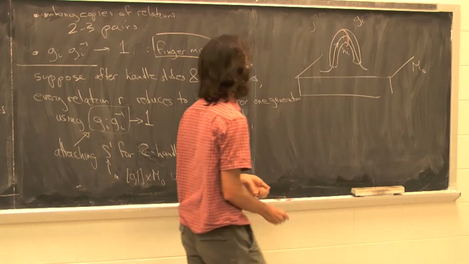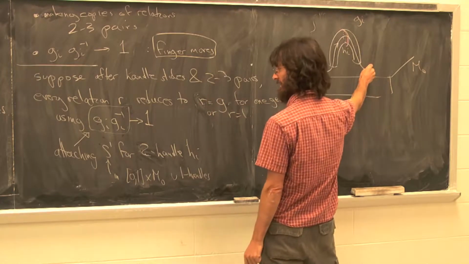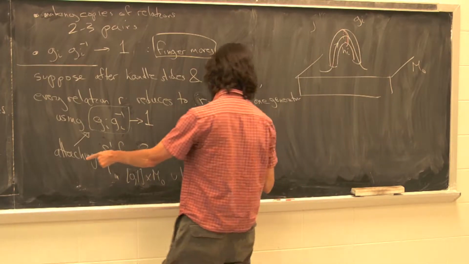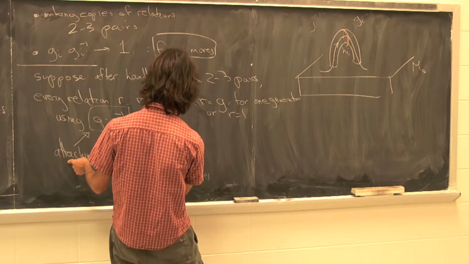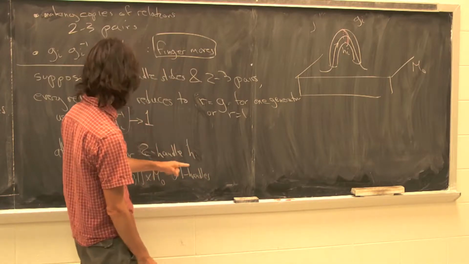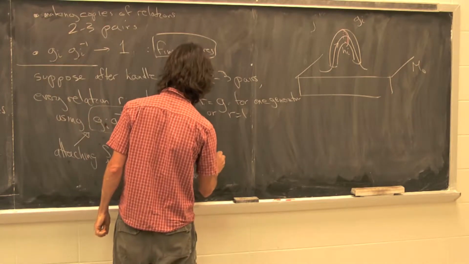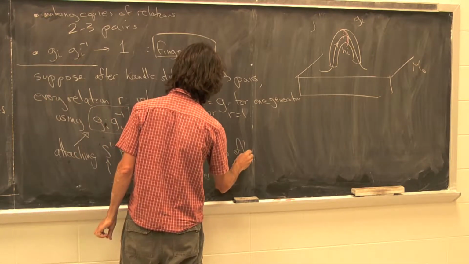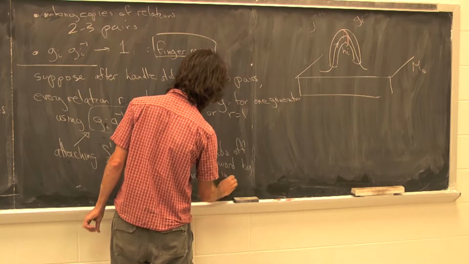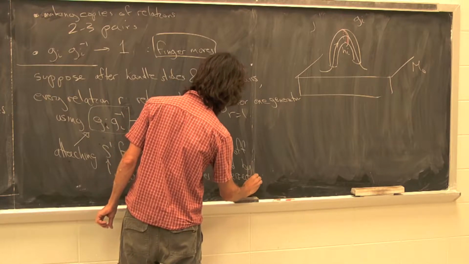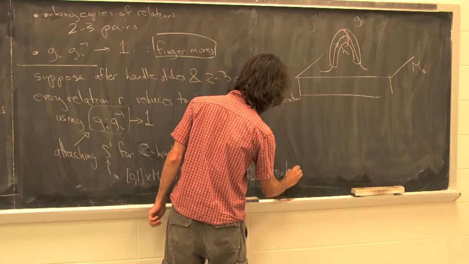And so what this means is I go along, and then here's the attaching sphere. I don't want to call this handle h, since my indices currently are referencing the one handles. So the attaching sphere for the two handle h reads off the word by intersecting the ascending spheres for the one handles.